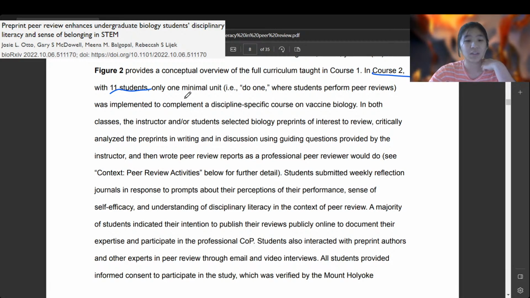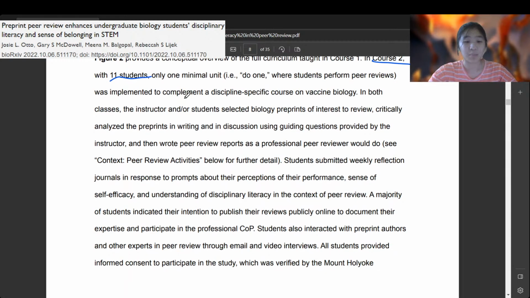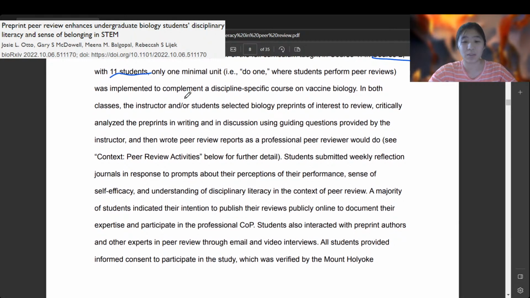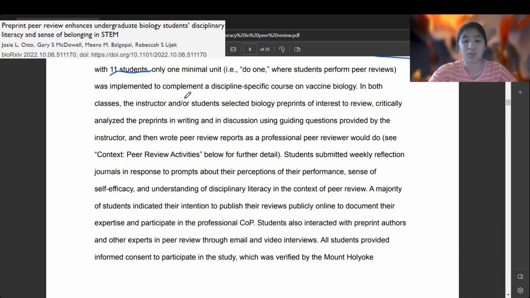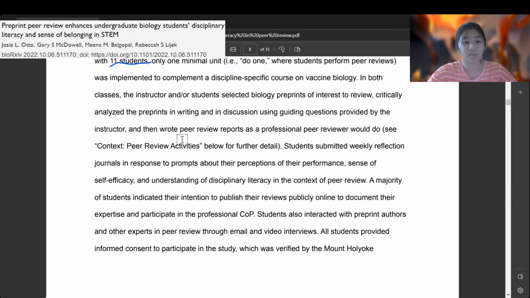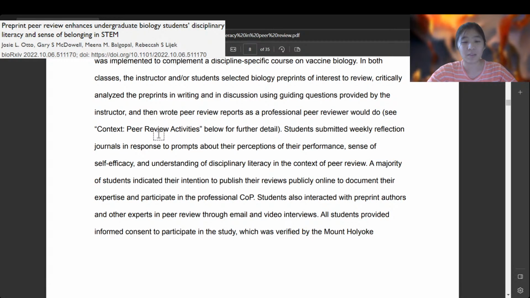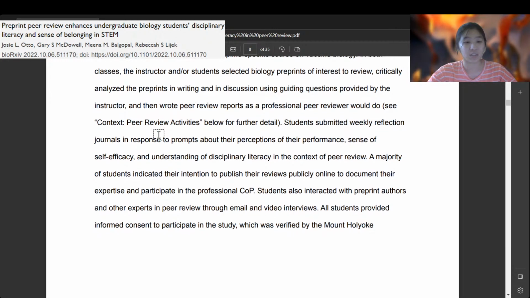Oh, so they specifically selected a rough draft or a manuscript to peer review that was related to vaccines. And in both classes, the instructor and/or students selected biology preprints of interest to review. So they got to pick their own research articles. And then they analyzed them, and they discussed it using guiding questions.